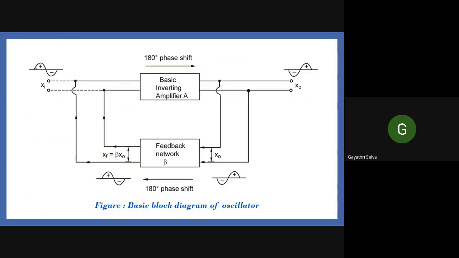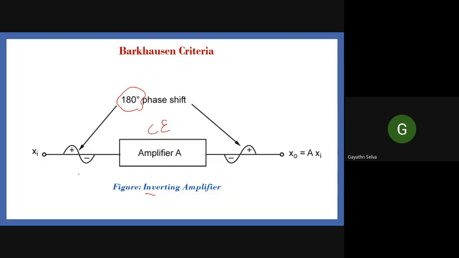What it actually means: we have told that for an oscillator, we should have only positive feedback. If in the basic amplifier we have introduced a phase shift of 180 degrees, the input and output will be of this form.